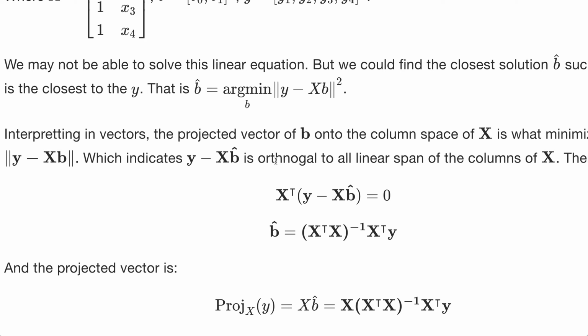The columns of X form a space, which is a basic idea of linear algebra, and y is a vector that may not be in the column space of X. The closest distance from vector y to the hyperplane of X is the projection directly onto the plane.